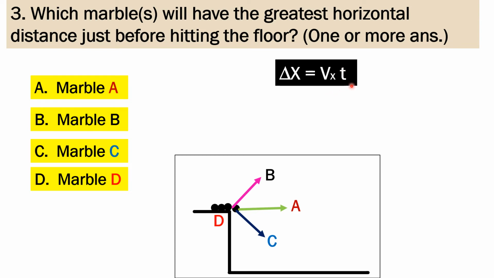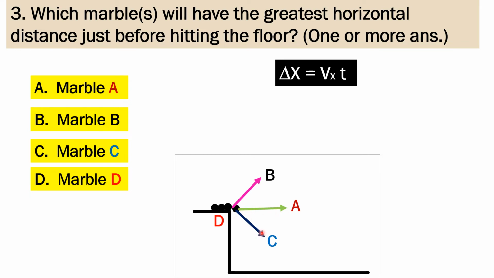But in terms of Vx, since it was mentioned that all these marbles have the same initial speed, for example, if the initial speed of marble B is 10 meters per second, that's also the initial speed of marble A and also of marble C.